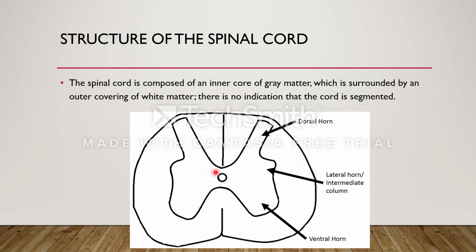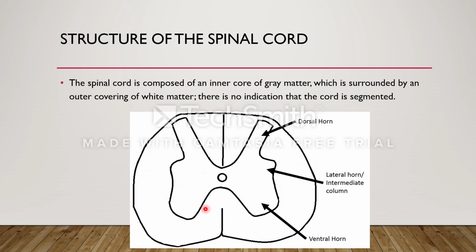In the middle there is one small canal which is named as central canal. The grey matter which is anterior and posterior to the central canal is named as grey commissure. The anterior one is named as anterior grey commissure and the posterior one is named as posterior grey commissure.